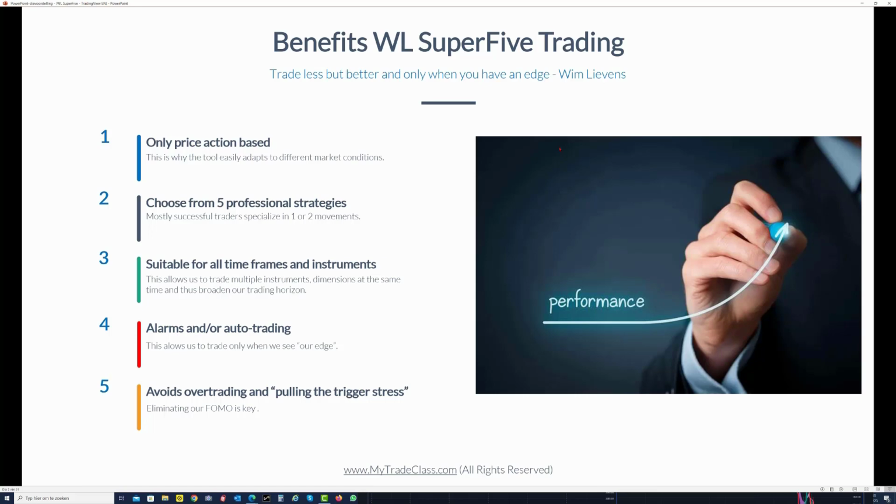The main reason people use this tool is to avoid overtrading, or to trade only when market conditions are favorable, and to avoid this fear of missing out and wanting to enter positions all the time.